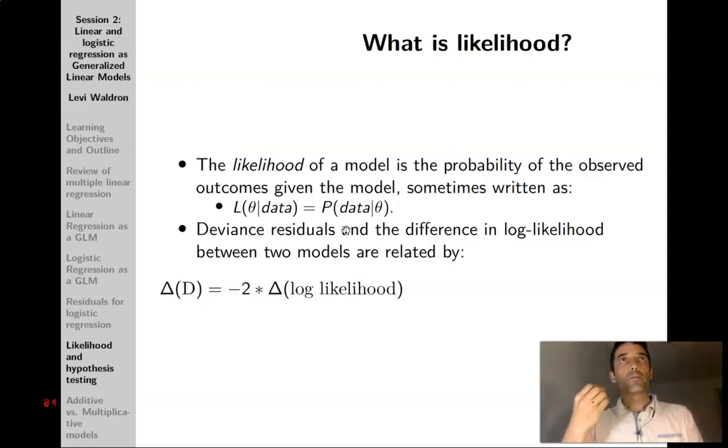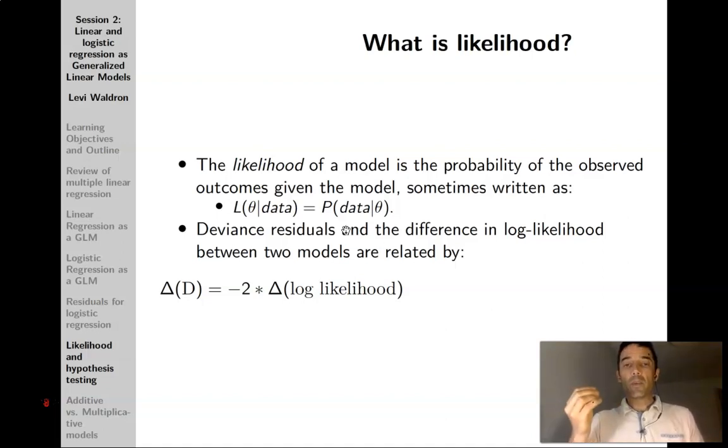So you can imagine it's something that in absolute terms is not all that meaningful, in that the more data you have, the less probable you are to observe that particular combination of data. So given the same model, just a larger sample size, your likelihood will keep on decreasing.